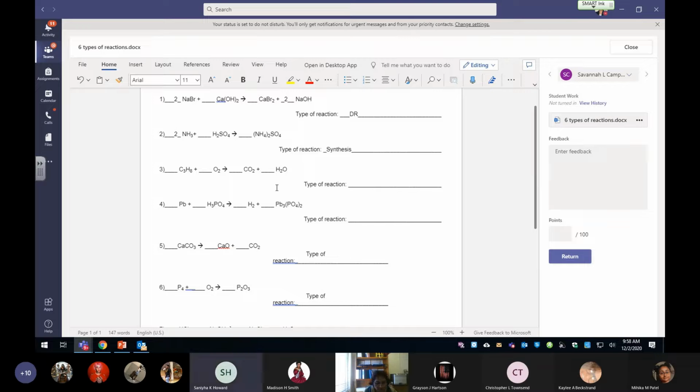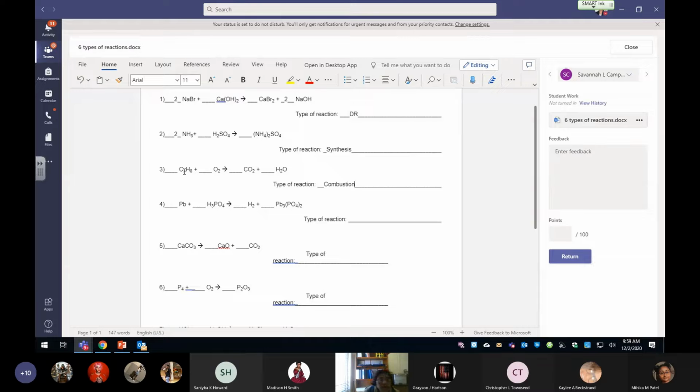Is it combustion? There you go. It's combustion. Whenever carbon dioxide and water are on the product side, just write combustion reaction. Type there combustion reaction.